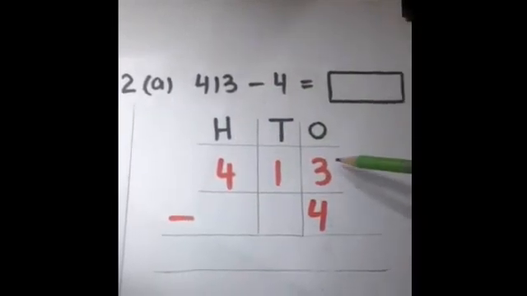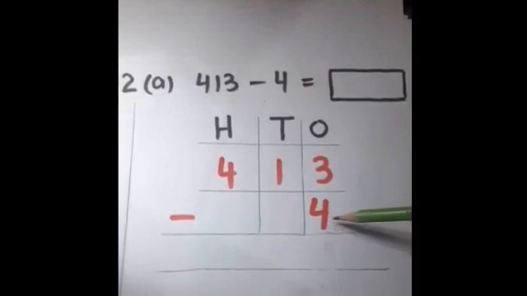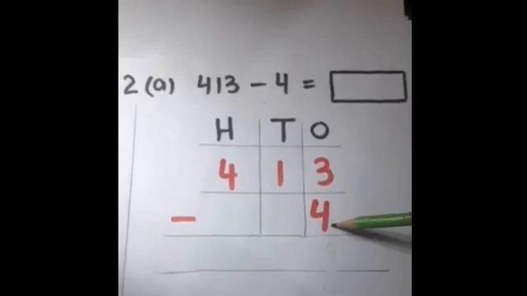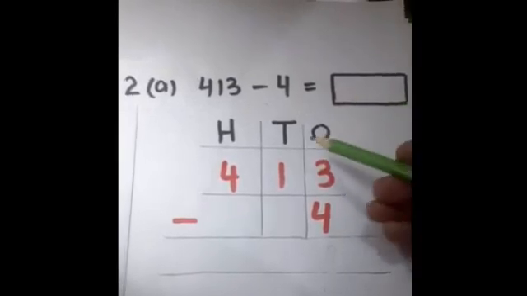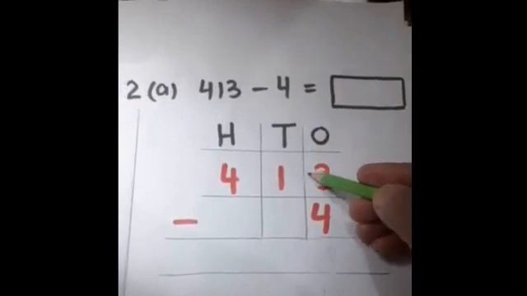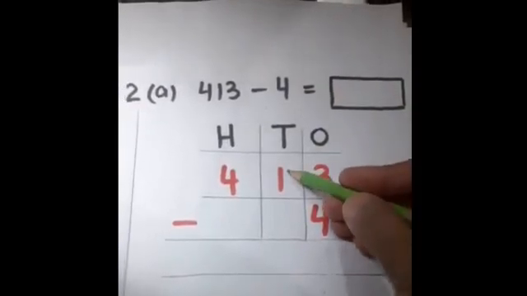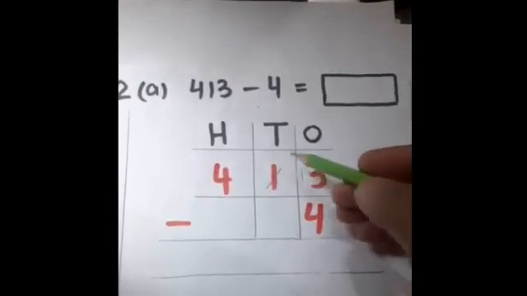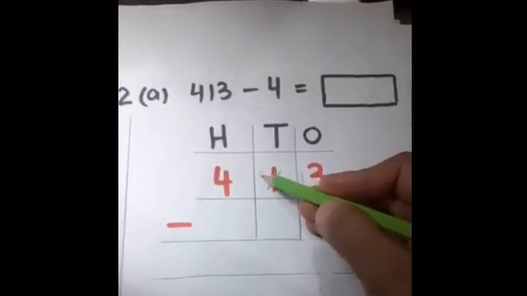Now start working from the ones column. You can see the top digit is smaller than the bottom digit. Now you need regrouping, and to regroup you borrow one number from its neighbor. Now it becomes 13 and it becomes 0.